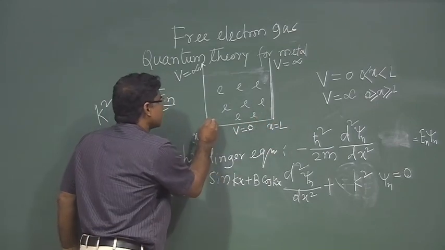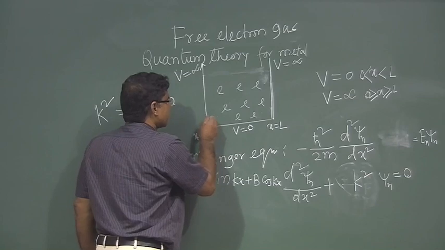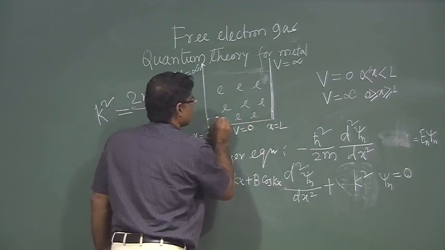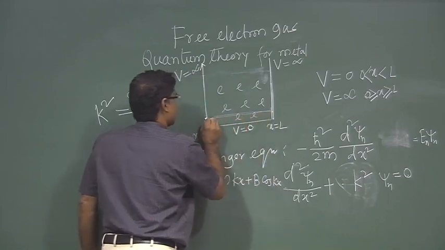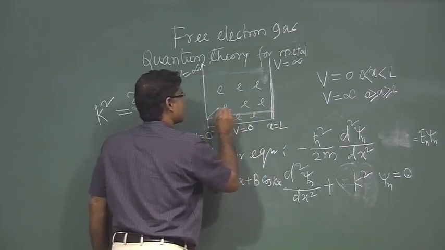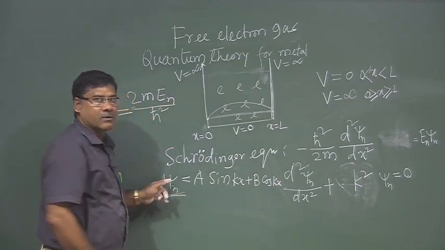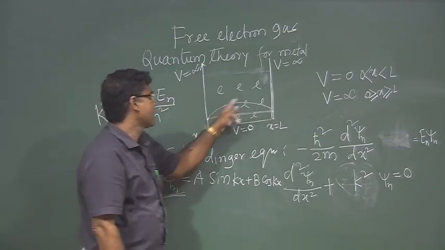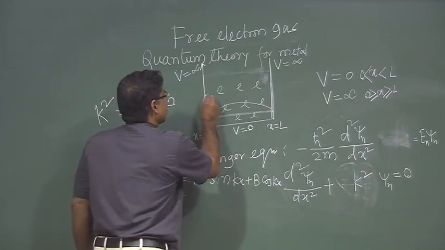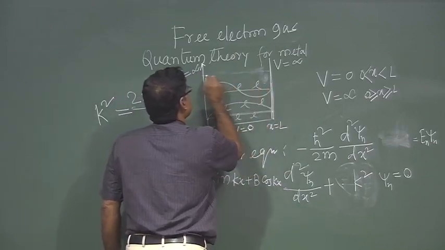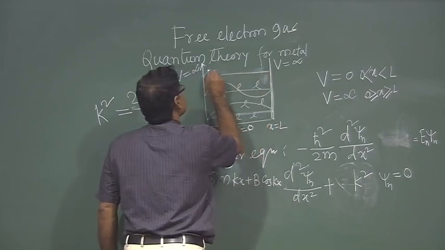So it will always start here and end here. It is basically a wave, so this wave function psi n can vary like this, like this, or like this.